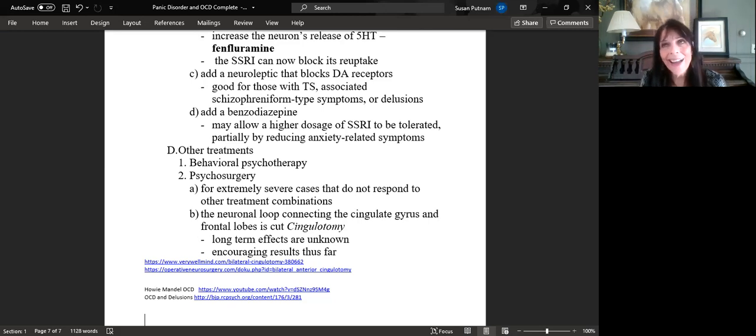Long-term effects, they're starting to know more. I should probably have expanded this. I will say some of the deficits that can be observed from this are probably common sense. In doing this, by reducing the feedback loop, you can also reduce communication between parts of the brain.